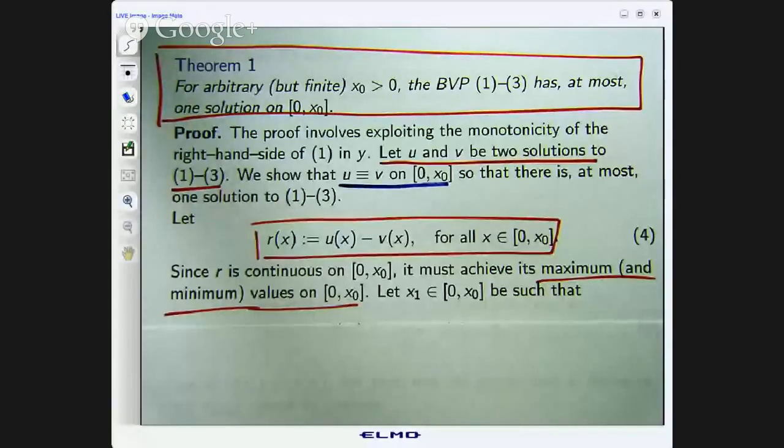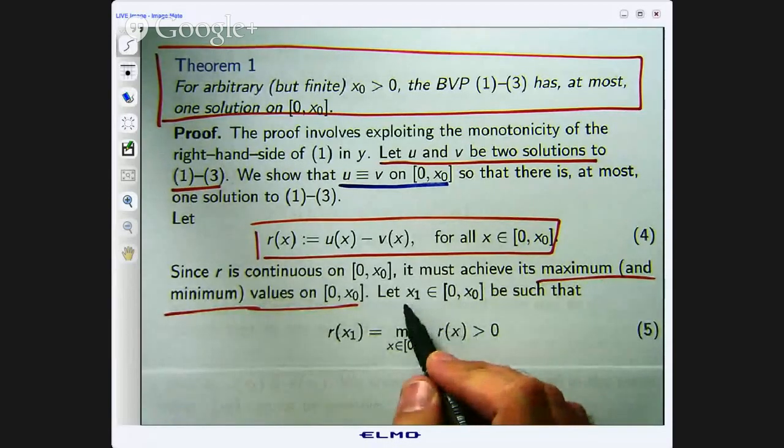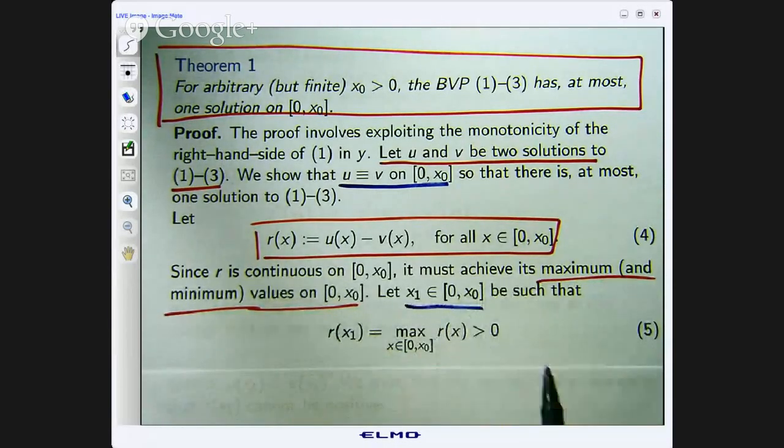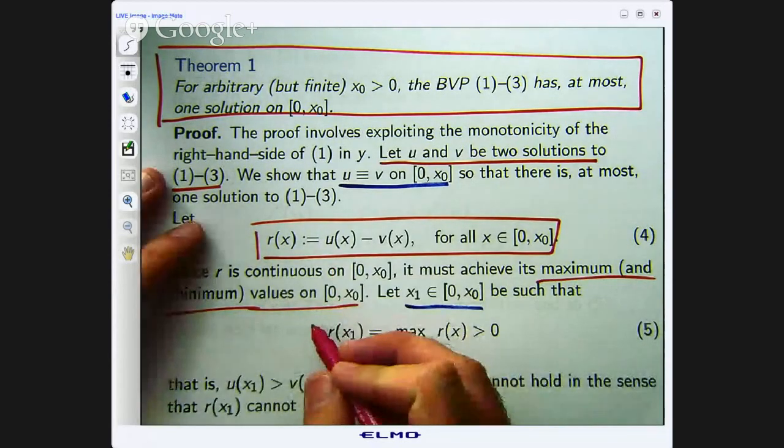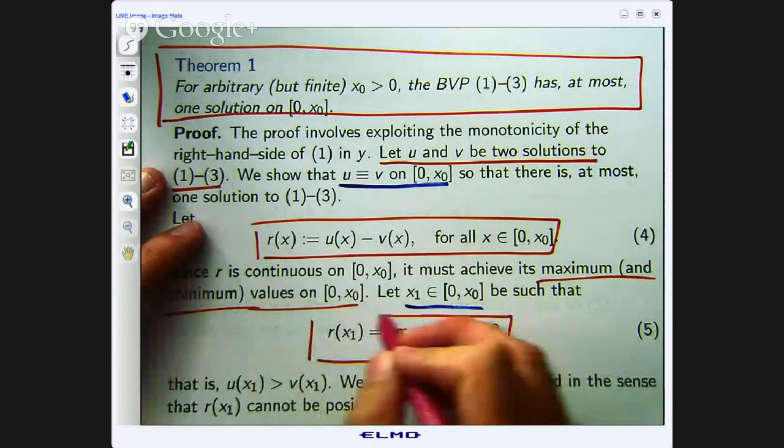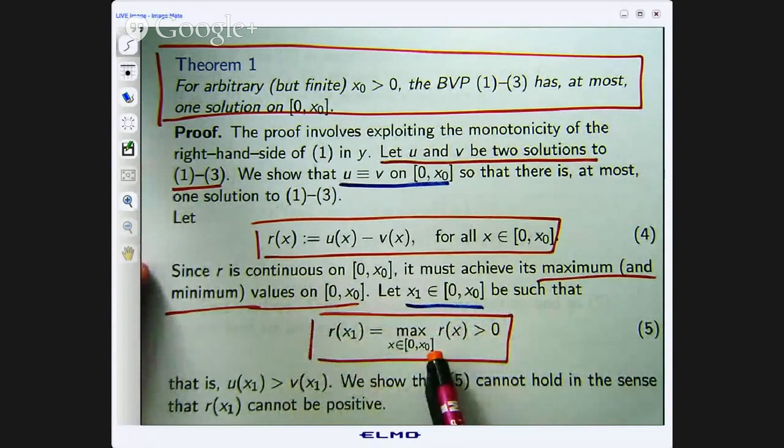That is a basic property of continuous functions. Every continuous function on a compact interval must achieve its maximum and minimum values. So let x1 be the point that we know exists from the previous sentence, such that R has its maximum value on the interval at x1.